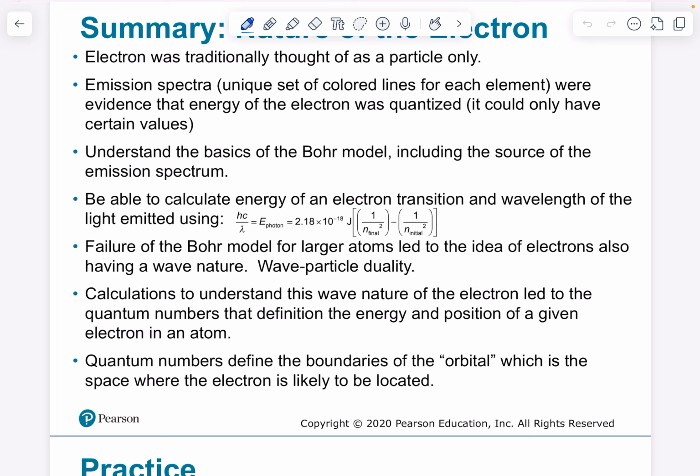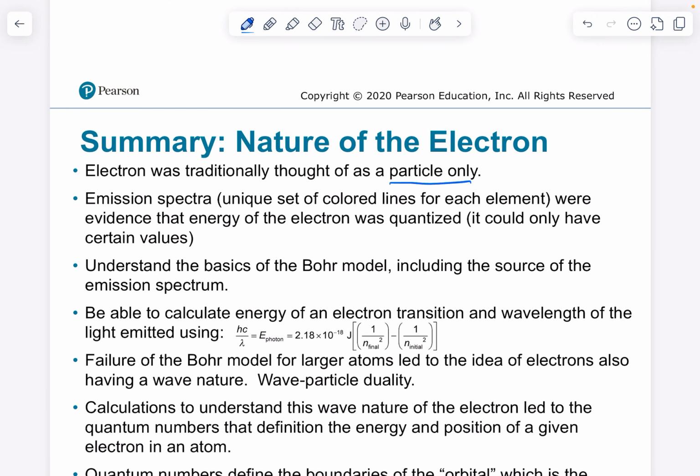So, the first thing is that we have the big concept things. We have this idea of the electron simply thought of as a particle. And I would say, even before that, we have light thought of as a wave.